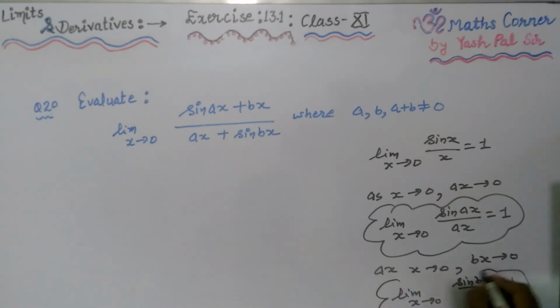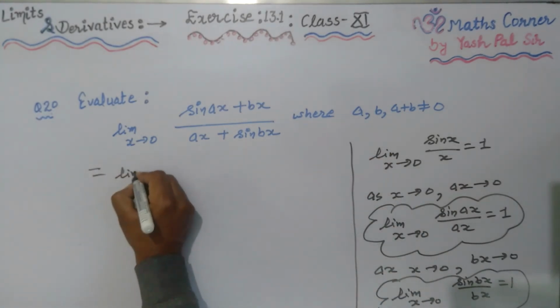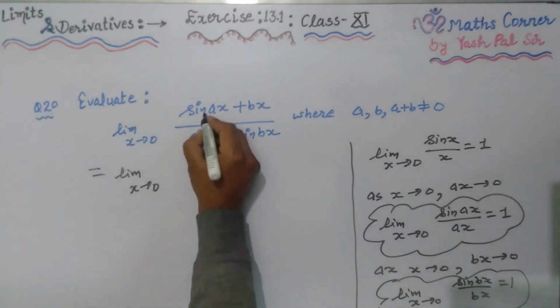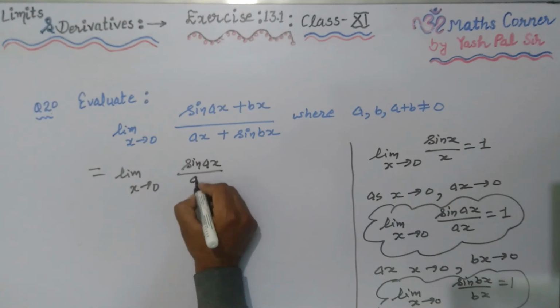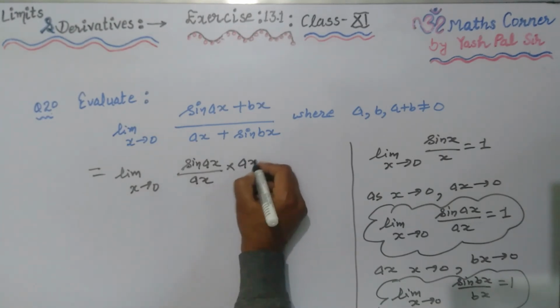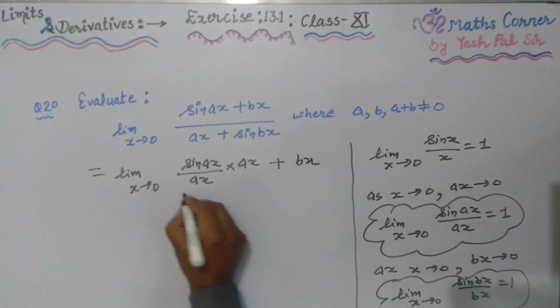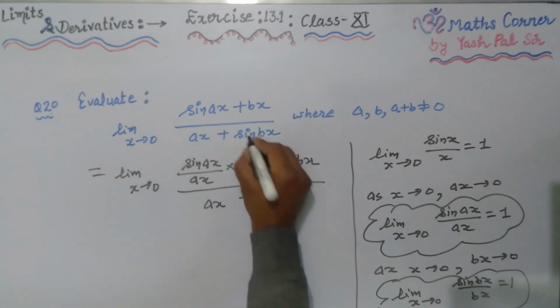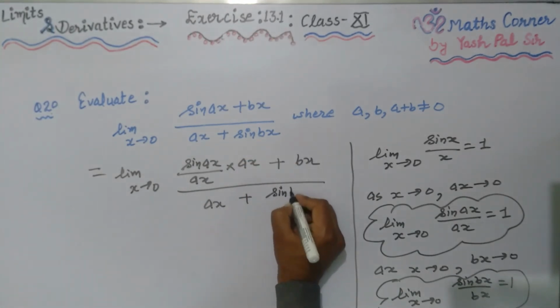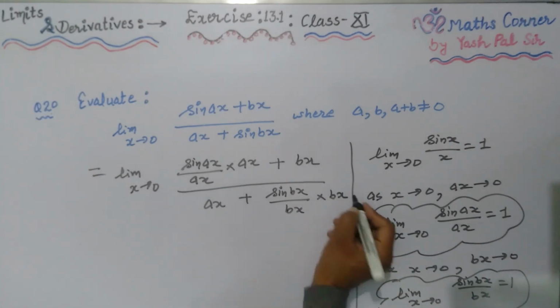So in this way we are going to follow the same approach here. We write this as limit x approaches 0 of sine ax, we divide by ax and multiply by ax, nothing will change, plus bx. In the denominator we also do the same: ax plus sine of bx, we divide by bx and multiply by bx.